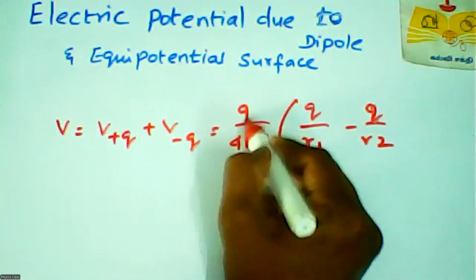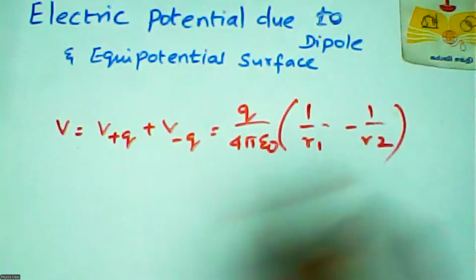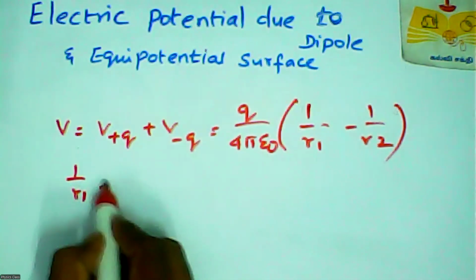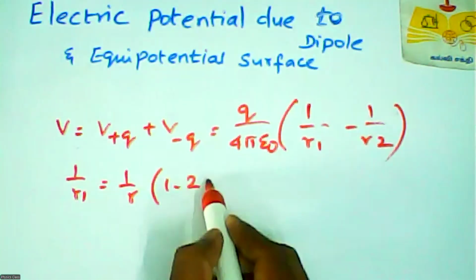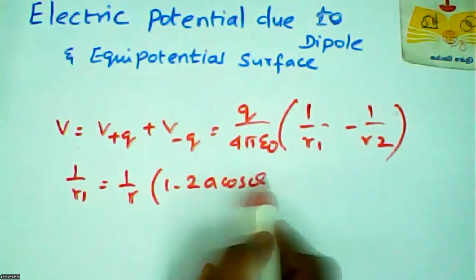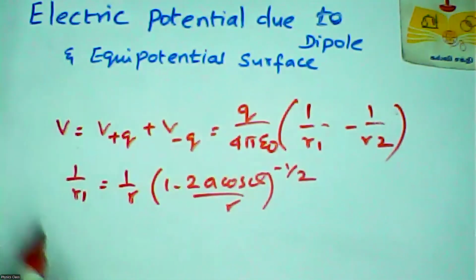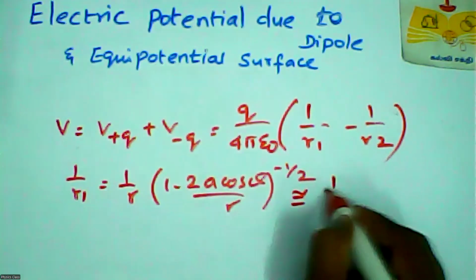We can take Q as common, so 1 by R1 minus 1 by R2. We have 1 by R1 means 1 by R times 1 minus 2A cos theta by R whole power minus 1 by 2. So we can simplify, approximately 1 by R.